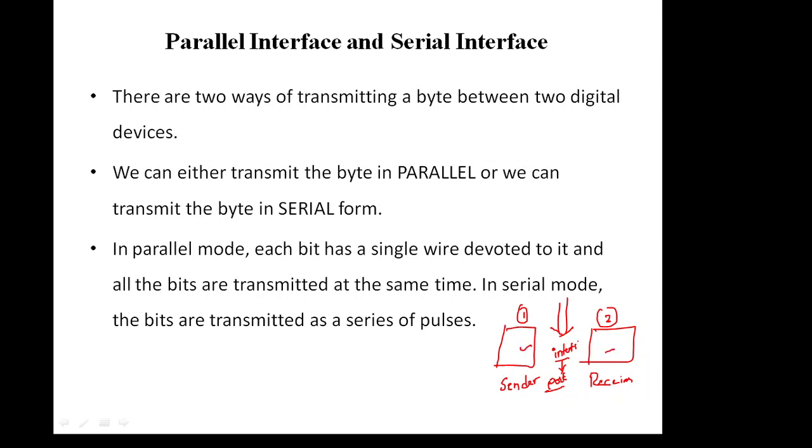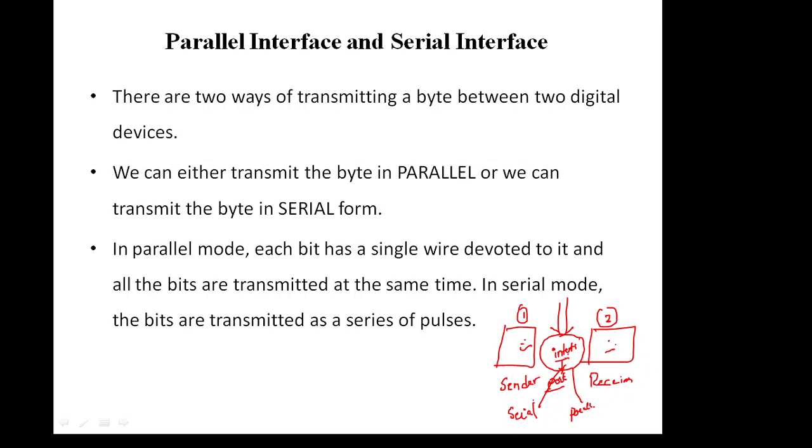Fine. These interfaces are of two types. The first one is the serial interface and the second one is the parallel interface. These are the two different types of interfaces. In order to transfer data from the sender to the receiver or from the receiver to the sender, we need a medium. That medium we call an interface.